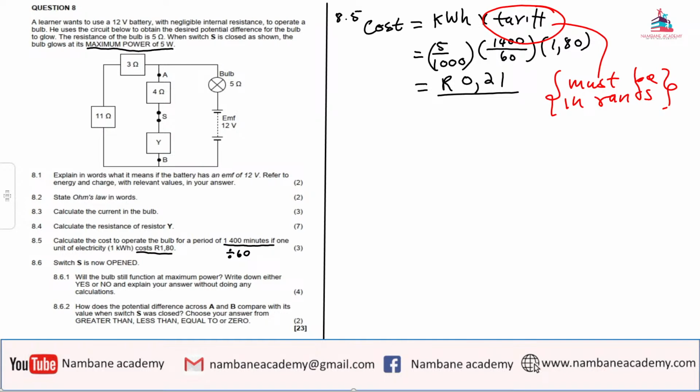So even if we're given this as 50 cent, we're supposed to convert that 50 cent into a rand. So that tariff must be in rands. So it is important that your final answer will be in rands, not in cents or something like that. Okay, thank you, sir.